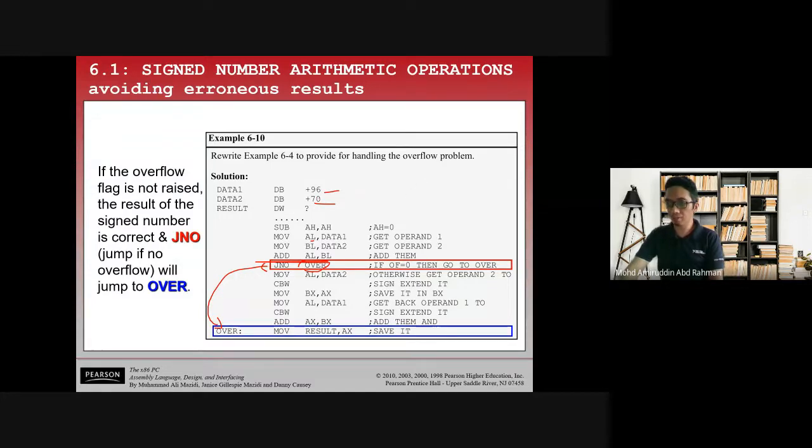To fix this result, as I mentioned, you need to move that sign to another register.